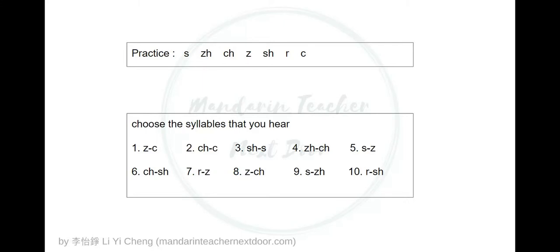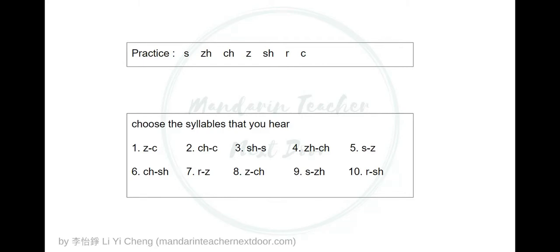For example, number 1, I say one of the sounds, you say left. And then after a few seconds, I'm going to tell you the correct answer. Then I will ask you to pronounce the other one in that pair. For example, if the answer is the left one, then I will ask you to pronounce the right one by yourself first. Remember to say it out loud.